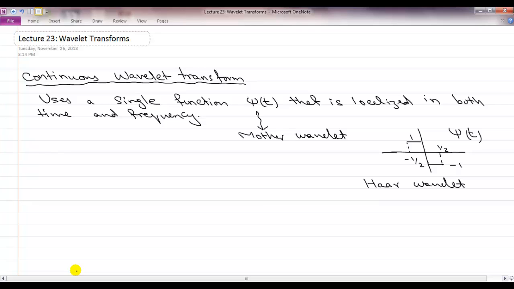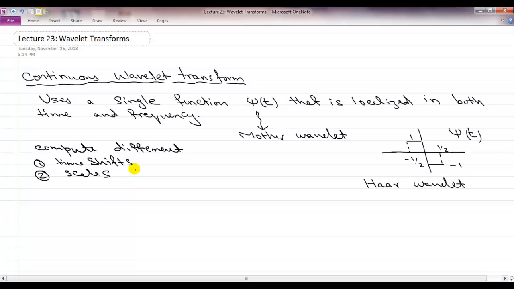And the idea in wavelets is that you basically take this mother wavelet and you compute different, number one, time shifts, and number two, scales of your mother wavelet, to give you a collection of functions which will then help you encode your signal.